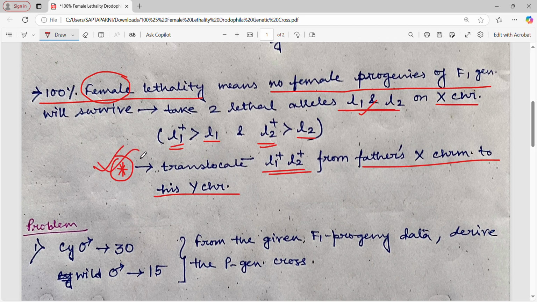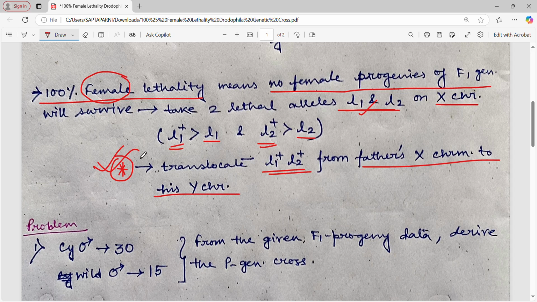In case of 50% female lethality too, we have translocated the lethal allele L from father's X chromosome to the father's Y chromosome, so that 50% females of the F1 progeny can be killed. So here we are doing the same thing but with two lethal alleles.